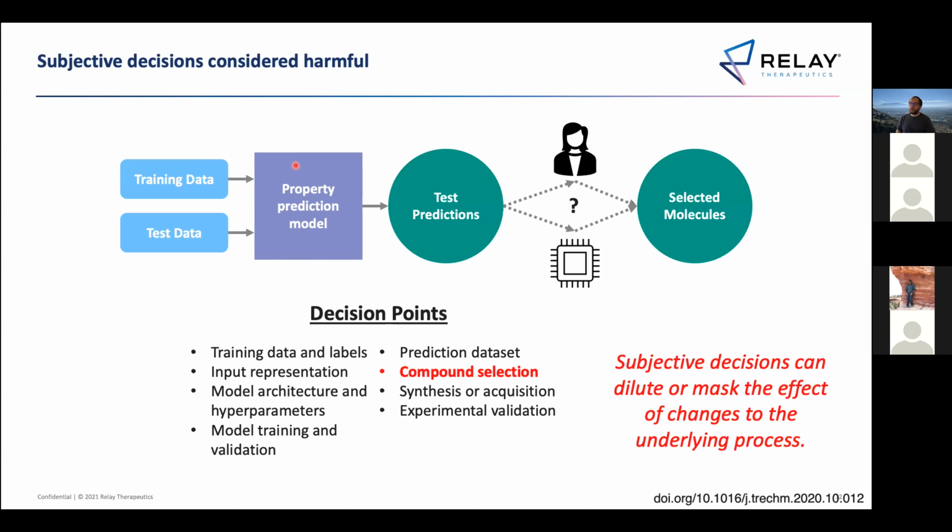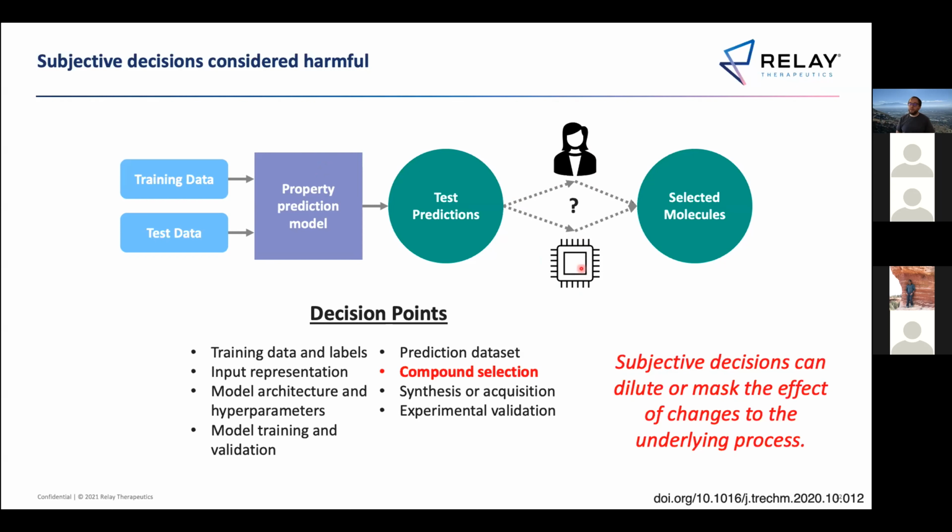If I change the model architecture here and then have a subjective decision process actually selecting the compounds, if the hit rate goes up, it could be because the chemist made better decisions than the last time, or it could be because I changed the model architecture. I just don't know. There's no way to do the credit assignment back through a subjective process.